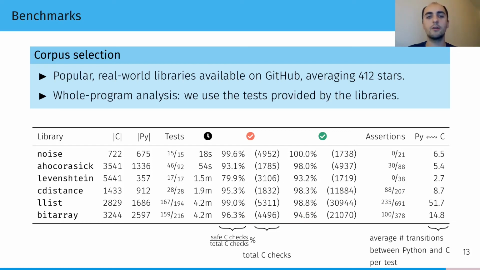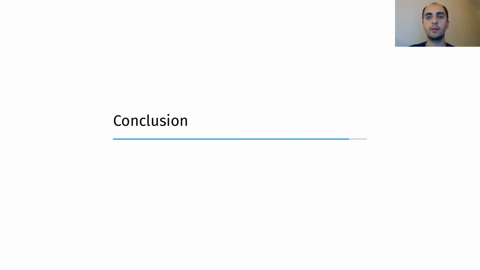So this includes type-related errors, division by zeros, and that kind of stuff. And here is the average number of transitions between the Python code and the C code per test. So this means that our driver code is truly testing the multi-language capabilities of our analyzer.